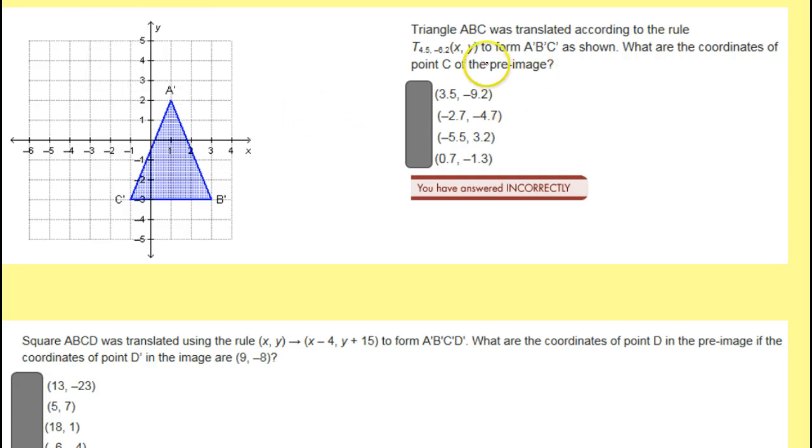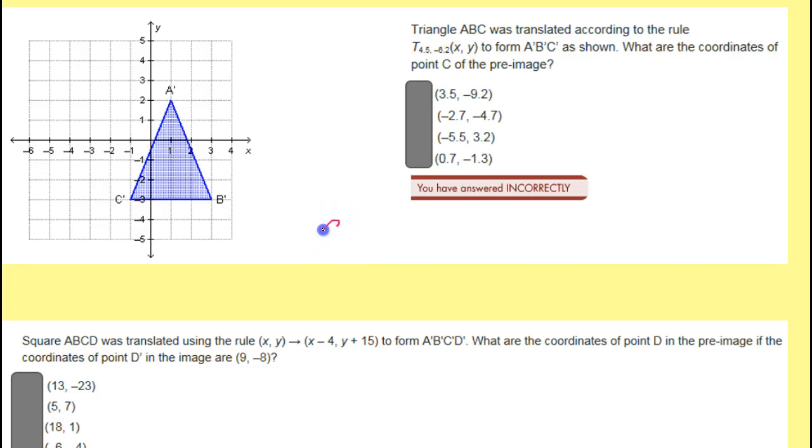Triangle ABC was translated according to the rule, and they give us these decimals here, to form the triangle A prime, B prime, C prime as shown. What are the coordinates of point C, the preimage?